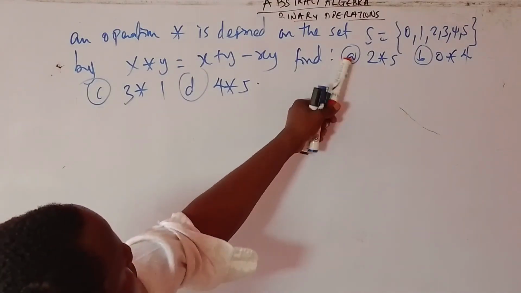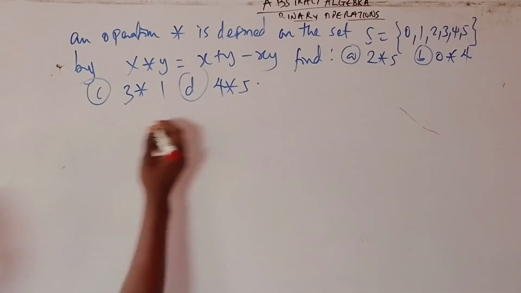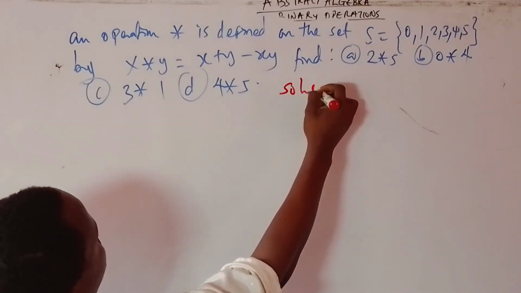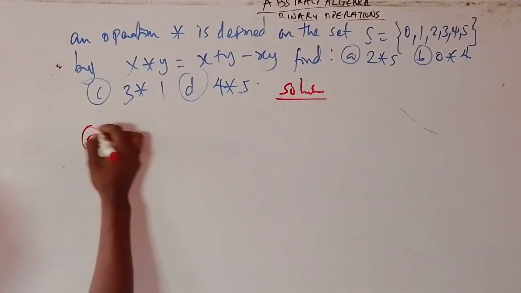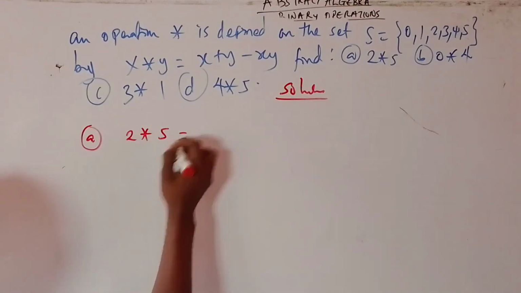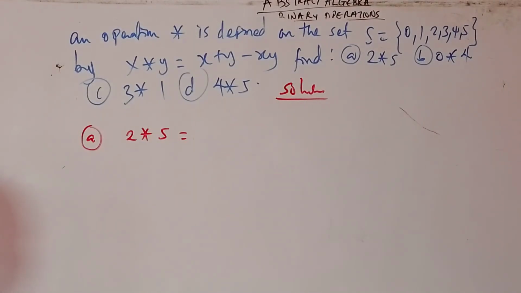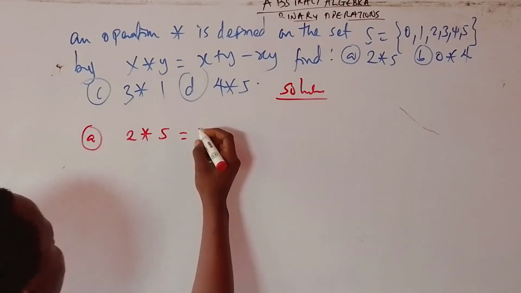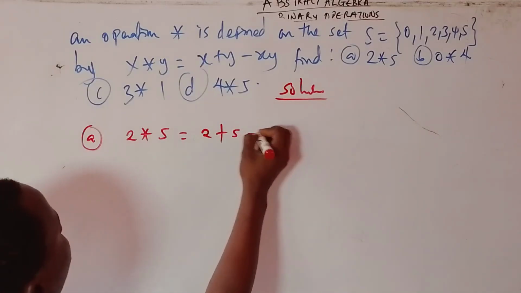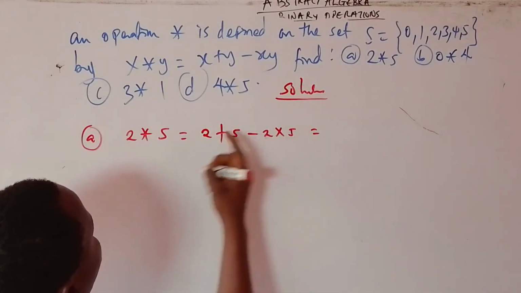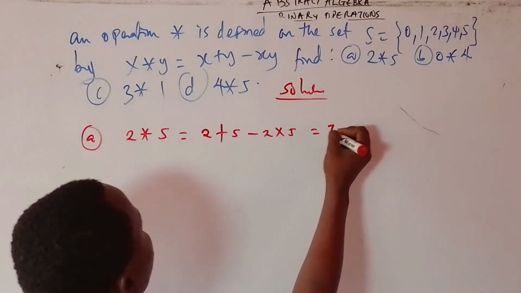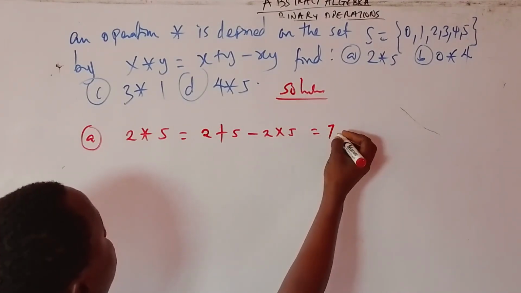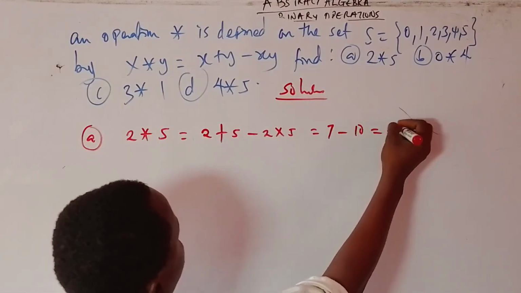If we start with A, solution. We have A, 2 asterisk 5, that is x is 2 and y is 5. So this will be 2 plus 5 minus 2 multiplied by 5. 2 plus 5 is 7, then 2 times 5 is 10. 7 minus 10 is negative 2.